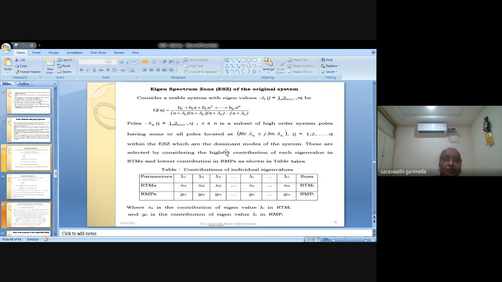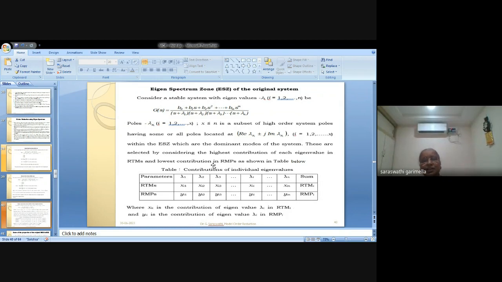Then we consider the dominant modes of the system. These are selected by considering how we select the poles and zeros of the eigenspectrum zone. These are selected by considering the highest contribution of each eigenvalue in RTMs and the lowest contribution in RMPs.